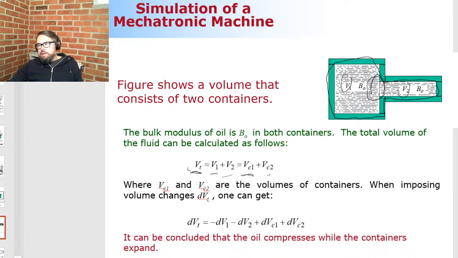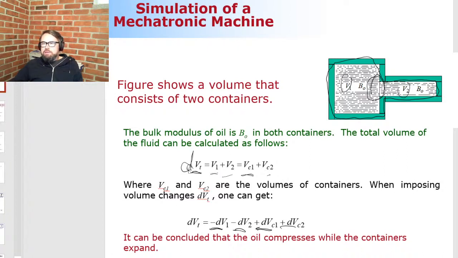We're going to change this total volume. We're introducing again some kind of lid that is compressing the system. So what happens in this case? Well, the fluid will compress again, but the containers will expand. So that's why the pluses and minuses. So fluid will compress, containers will expand. Okay, so what next then?